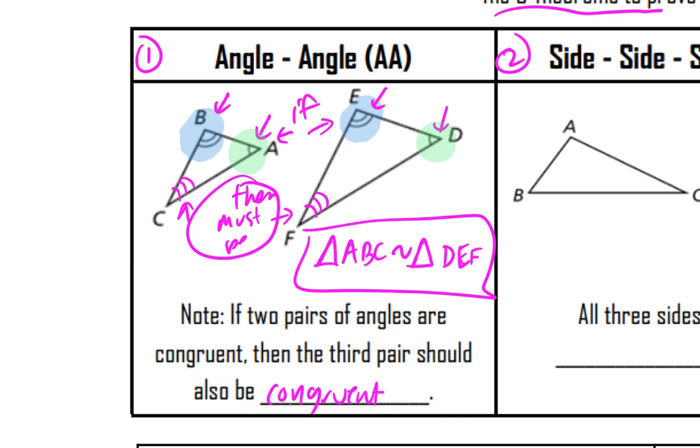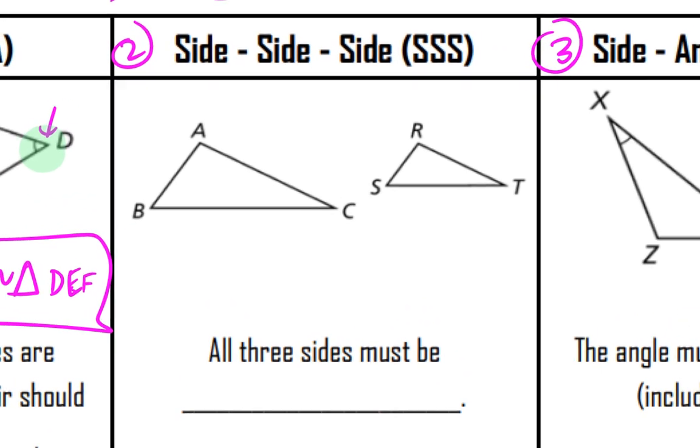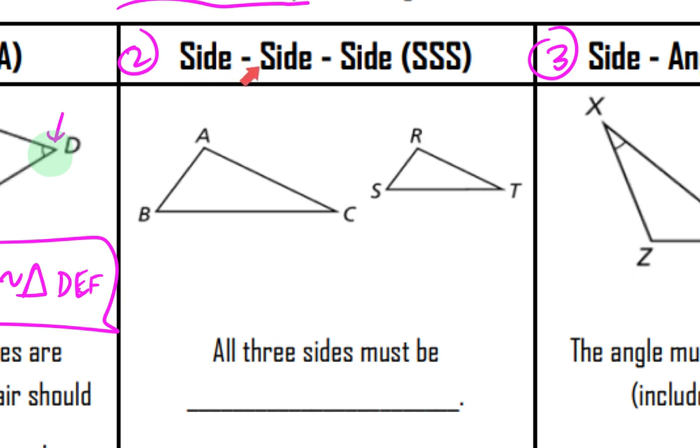All right, so let's go. Next, this one is if the information they give us are the sides. So for this to be similar, all 3 sides must be not the same, but proportional. Say we have small, medium, and large.